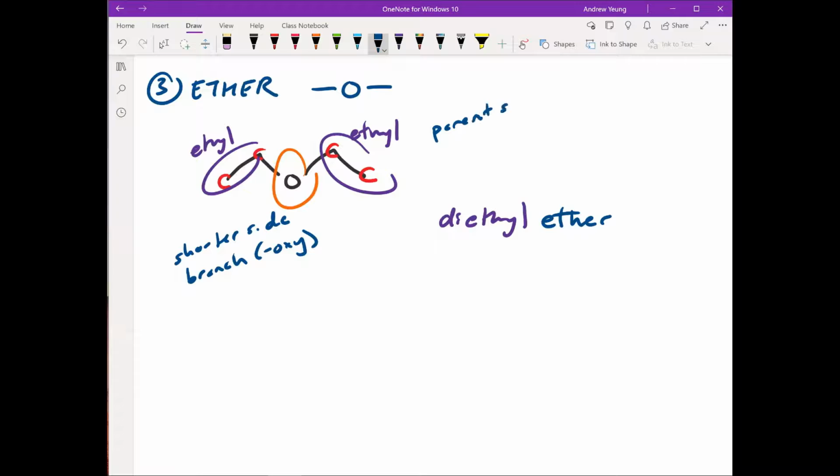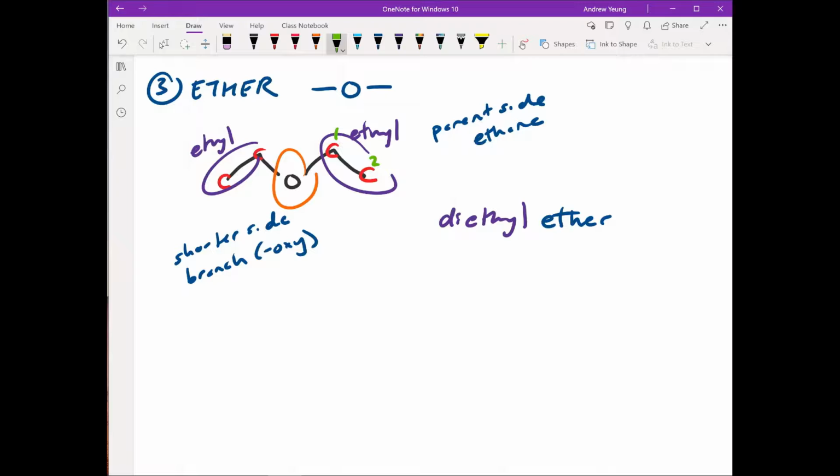The longer side, the parent side, would just end with the standard ANE ending, so in our case here, ethane. We do want to number the parent so we keep numbers tiny, so this is position 1, position 2.